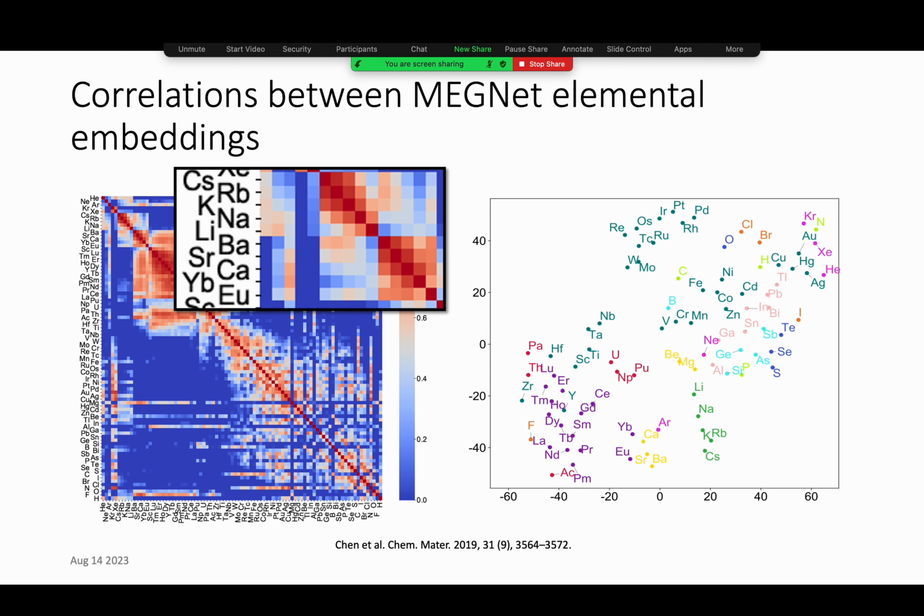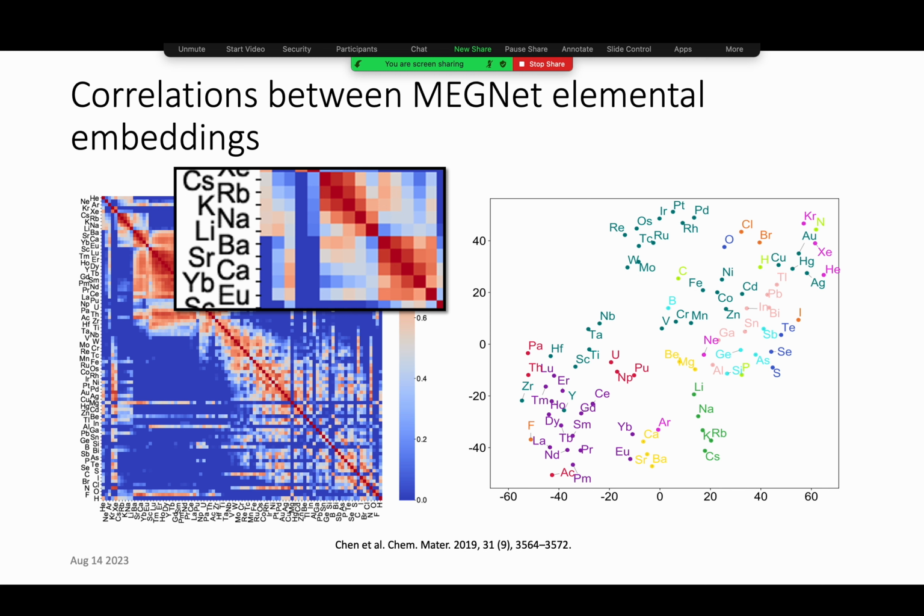So what I want to stress here is that it is not true that the models are just complete black boxes. If you take a closer look at what the models are actually learning, you find that they have learned very useful chemistry. And of course, this is also reinforced by the t-SNE plot. You can see that, for example, all the rare earth metals are clustered here.